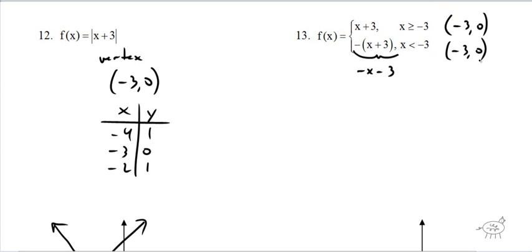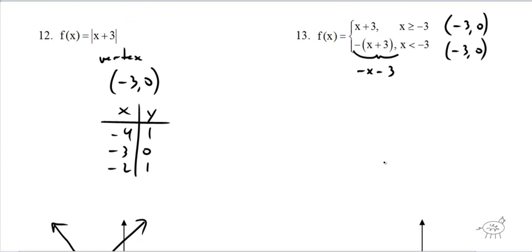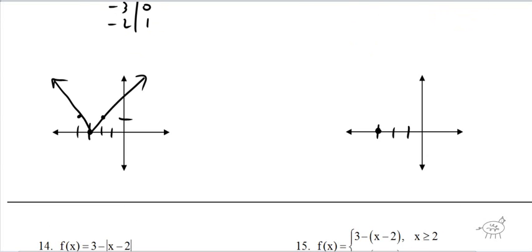So let's go ahead and do that. Negative 3, 0. Plot that point. And again, we're using slopes. When it's greater than negative 3, which means it goes to the right, the slope is 1. So we go up 1 over 1, up 1 over 1. That's that side.